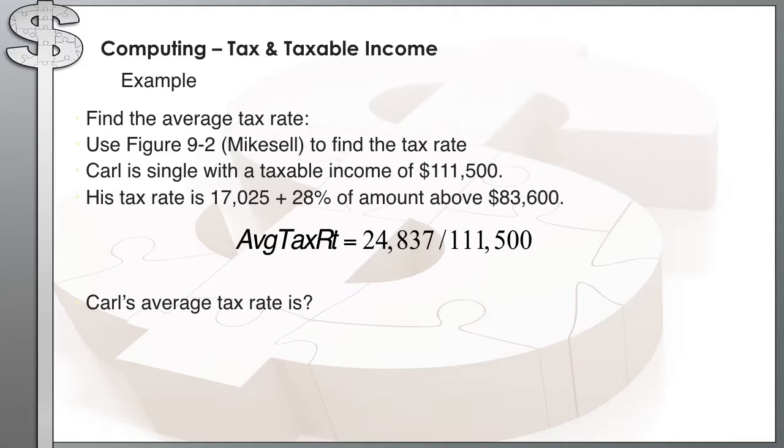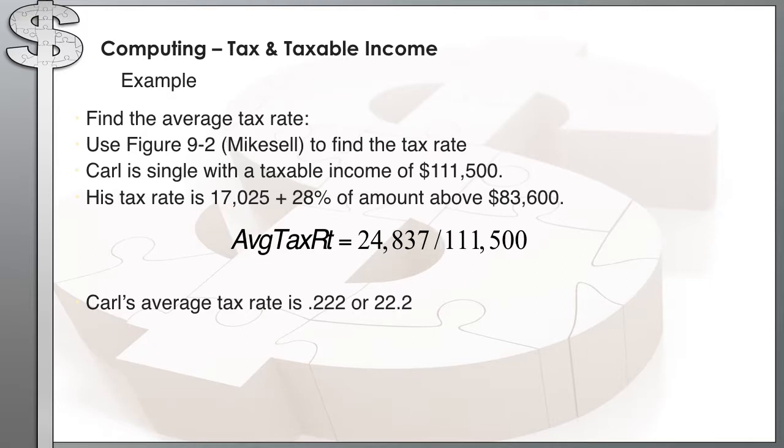Since we know that Carl's tax is $24,837, we're going to divide that by $111,500 to come up with an average tax rate across his whole income. When we do that, his average tax rate comes to 0.222 or 22.2%. So on average, 22.2% of Carl's income is being taxed.